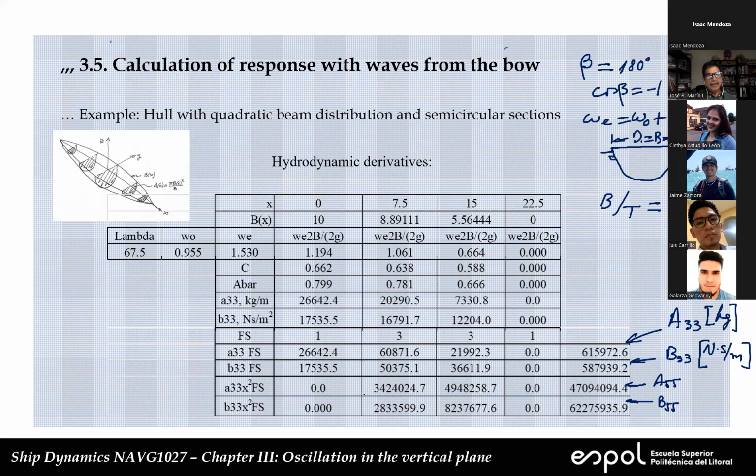The only difference between the first two values and these last two is that these last two were multiplied by x squared. So that means that this has units of this times meter squared. In this case, this will be newton meters second.